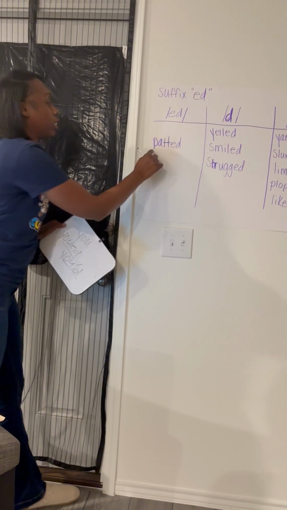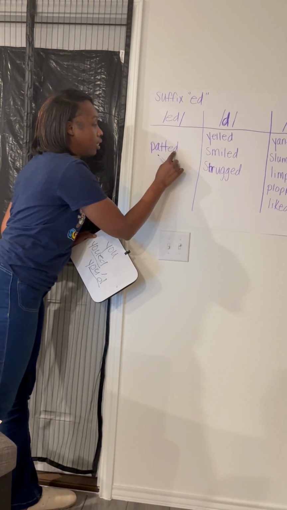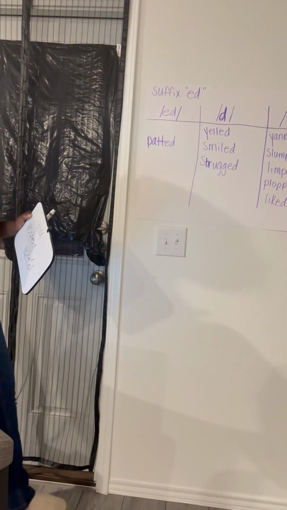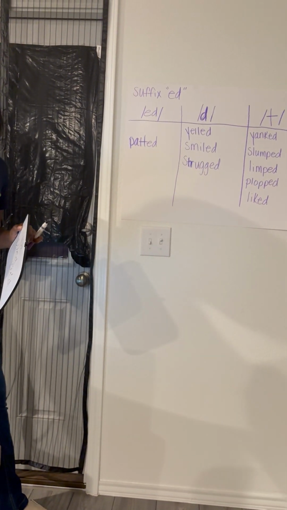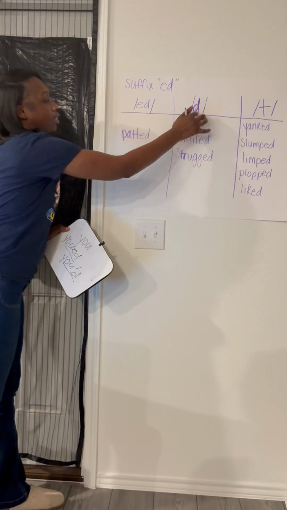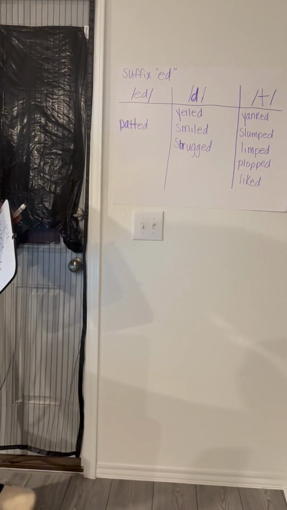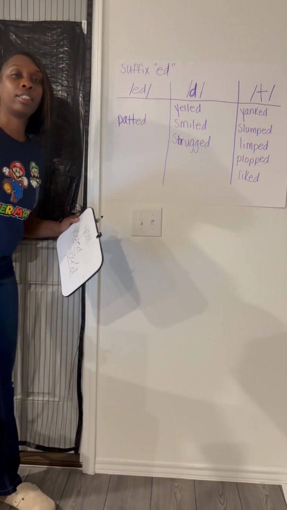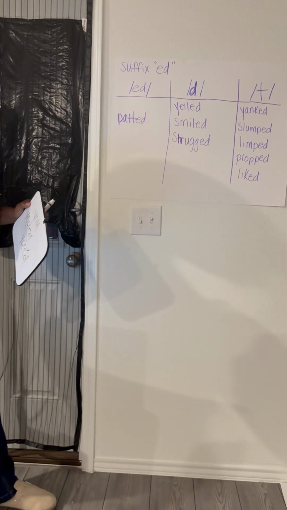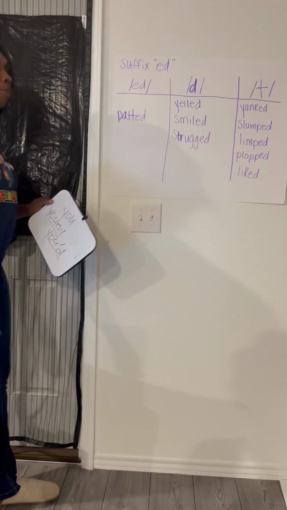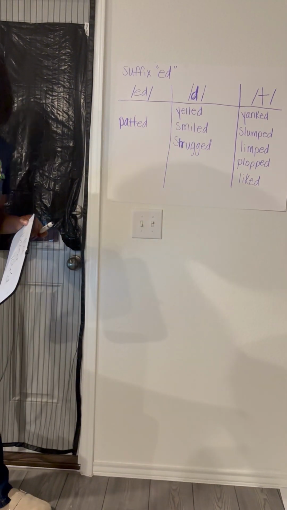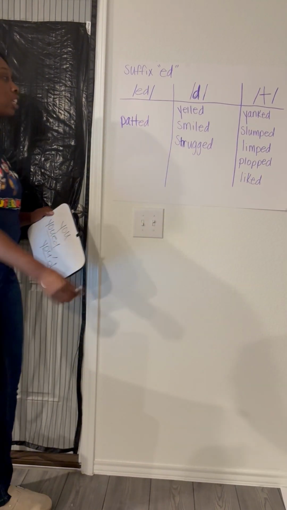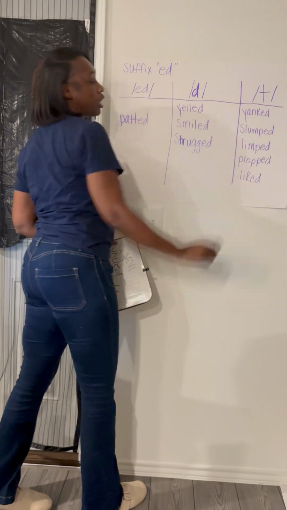Remember that. All right. And our d, when do we use that? Our base ends in a voiced consonant. And our t is for an unvoiced consonant.